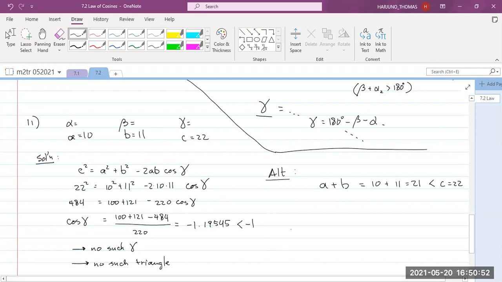But in a triangle, the sum of two sides must be greater than the other side. So no such triangle exists. If you remember your geometry, which is the prerequisite, you can answer this question more easily.